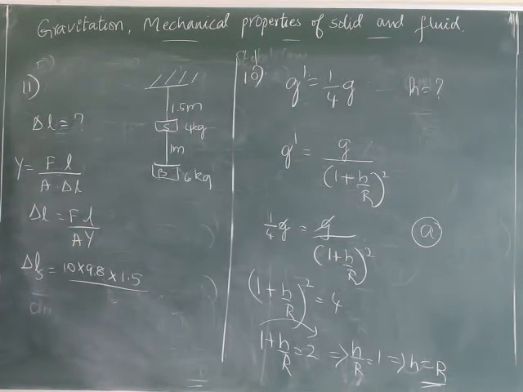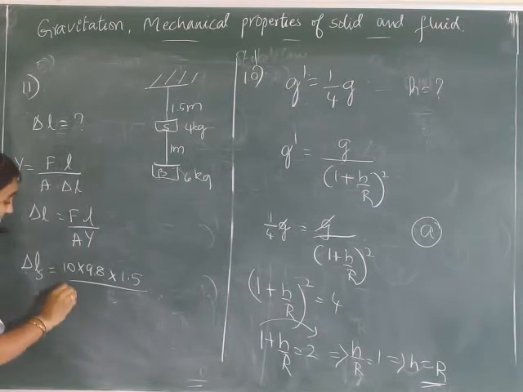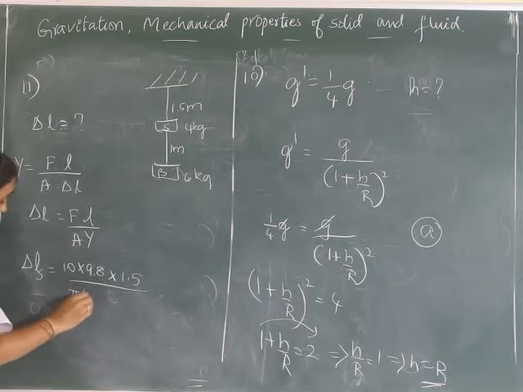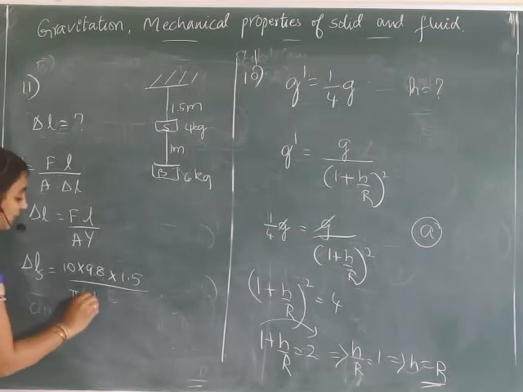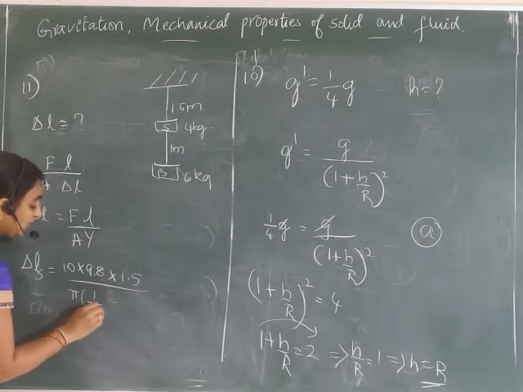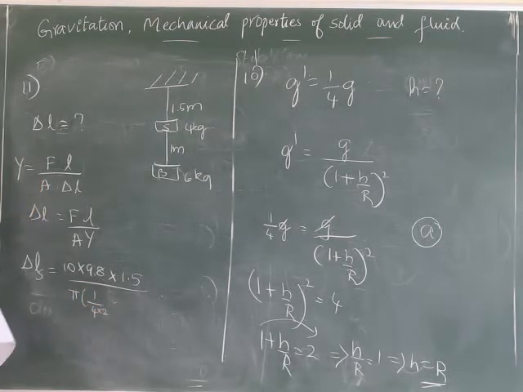Is something given about the area? Diameter is there, so pi r square. Diameter is 0.25 centimeter. Radius is nothing but diameter by 2. 0.25 means I can write 1 by 4. So 1 by 4 into 2. Correct?